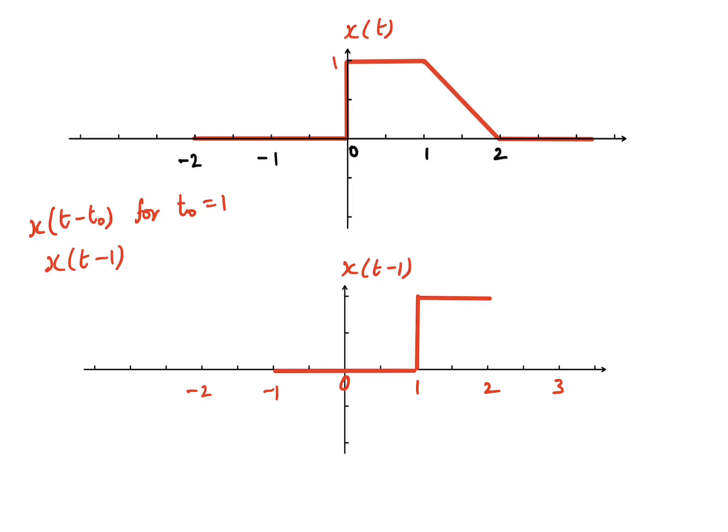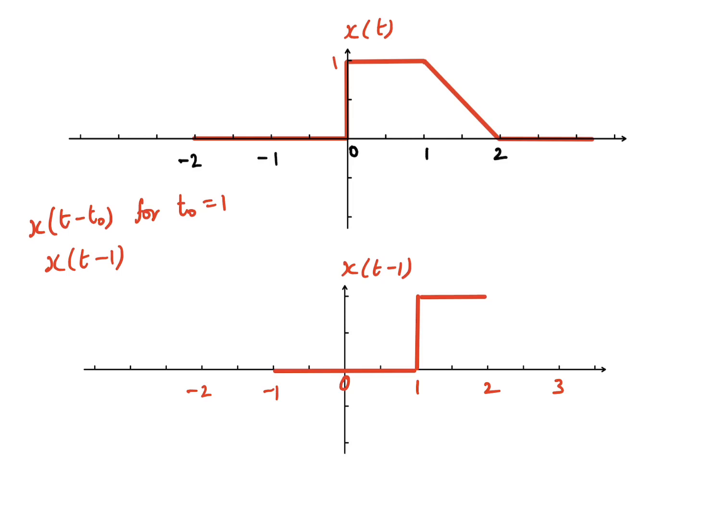The gradual transition which was taking place from 1 in the original signal will get shifted to the right by 1, so it is going to have that transition starting from 2 and ending at 3. So it will be something like this.